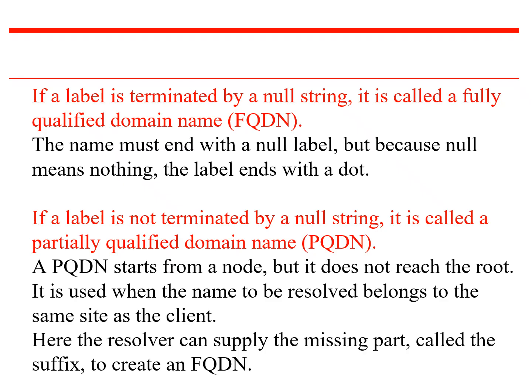The name must end with the null label, but because null means nothing, the name ends with a dot. If it does not end with a null string or the root, it is called a partially qualified domain name. A PQDN starts from a node, but it does not reach the root. It is used when the name to be resolved belongs to the same site as the client. Here the resolver can supply the missing part, called the suffix, to create an FQDN.